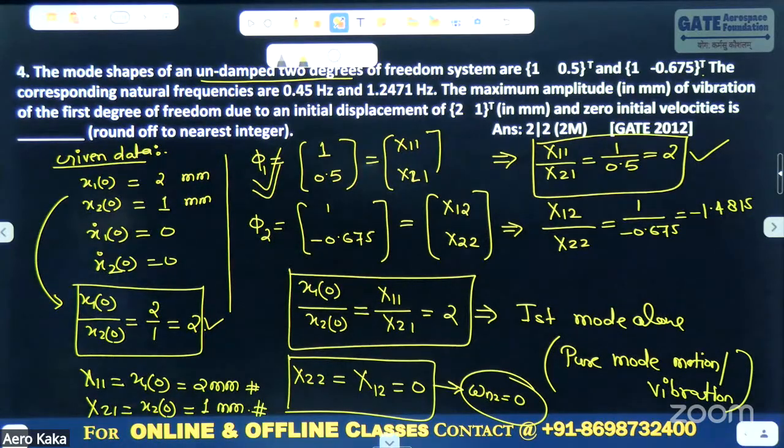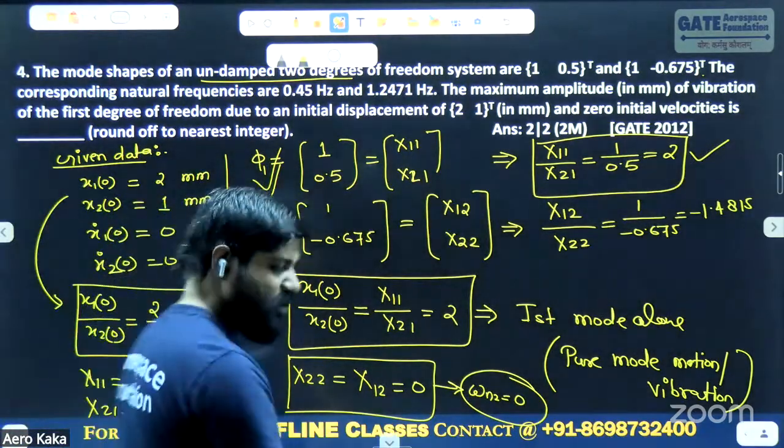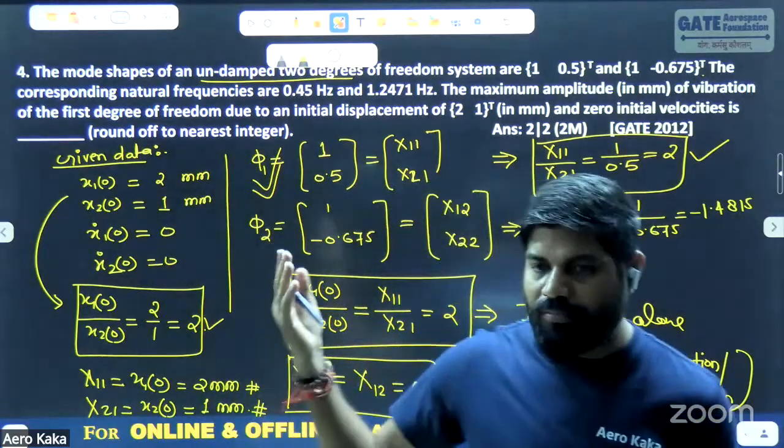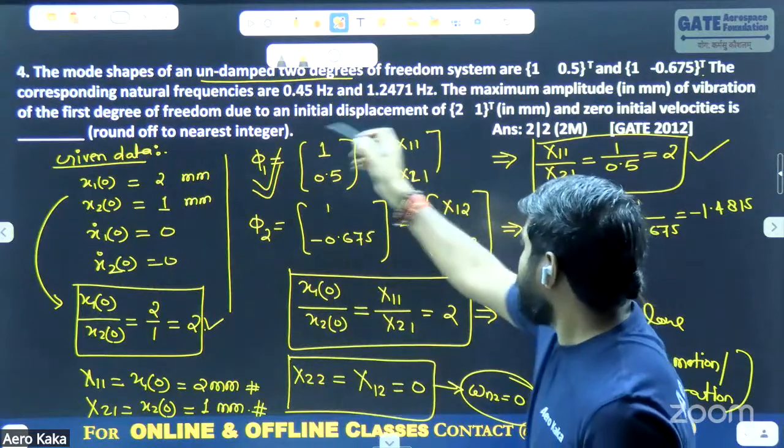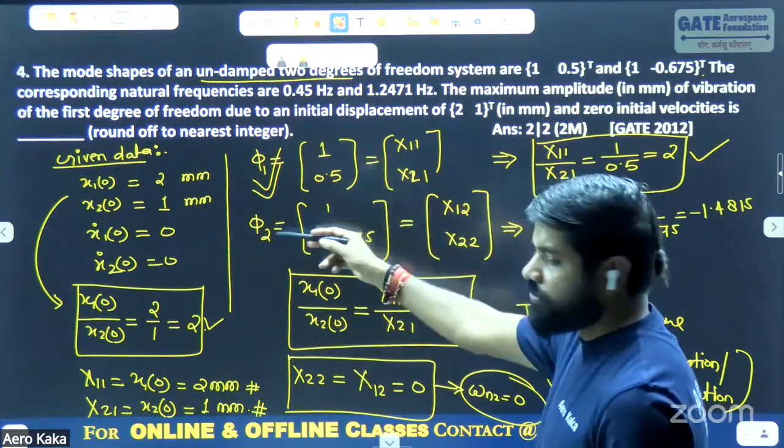Please remember always for pure mode oscillations or patterns, this initial velocity should be equal to 0. That you should take care. And what is the procedure? Just find out what is the initial displacement ratio. Definitely they will provide it in the question, and just compare with the mode shape ratio, first mode ratio and second mode ratio.